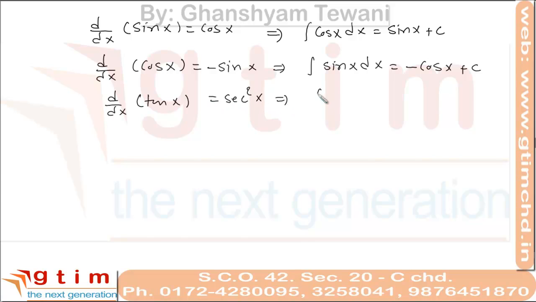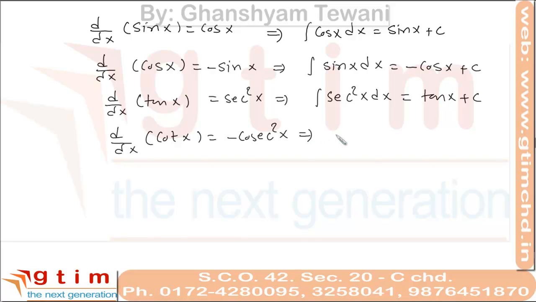This implies the integration of secant square x is tan x plus c. Then we have the derivative of cot x, which is minus cosecant square x. This implies the integration of cosecant square x dx is equal to minus cot x plus c.